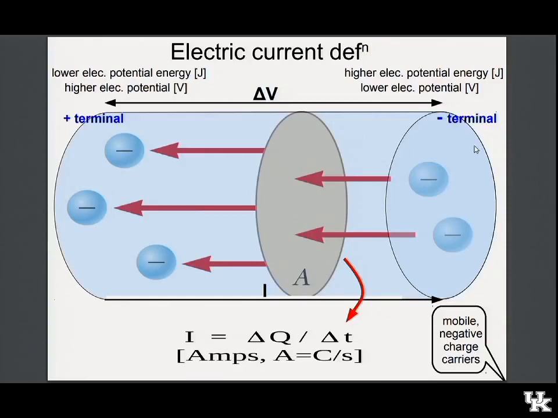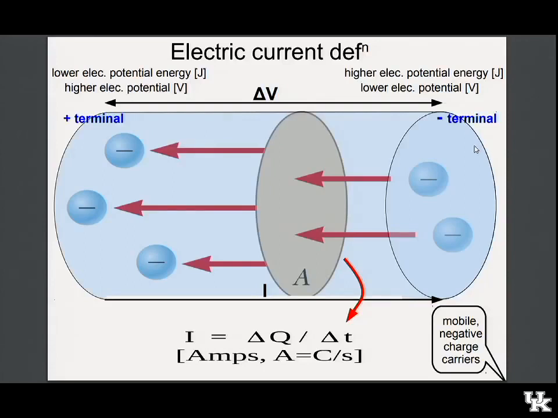If you think about it, the motion of a positive charge carrier from the left to the right is actually equivalent to the motion of a negative charge carrier from the right to the left. In both cases, if we move positive charge from the left to the right, we're making the right more positive and the left more negative.